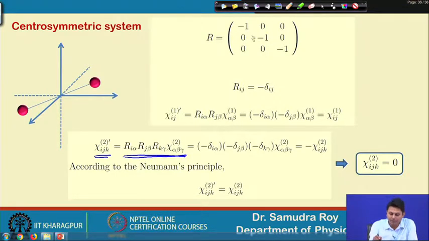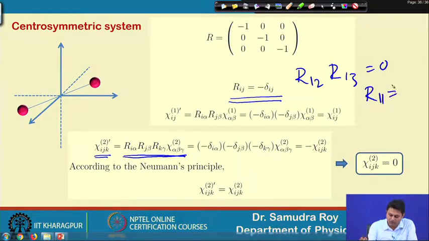But here one important thing we should note: this operation matrix is diagonal in nature. So, R i j is essentially delta i j with a negative sign. That means R 1 2, R 1 3 will be 0, only R 1 1 is not equal to 0, and this R 1 1 value is minus 1. In a similar way, R 2 1, R 2 3 are 0 and R 2 2 is minus 1.